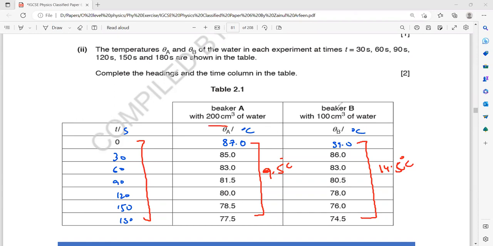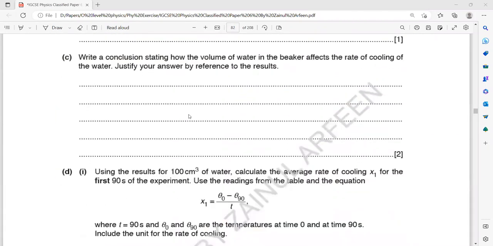So we can say that if we have a smaller volume of liquid, then it will cool down faster. And how can we justify? In 180 seconds, the 100 cm cube of water shows a temperature change of 14.5, whereas beaker A, which consists of 200 cm cube of water, only changes the temperature by 9.5.